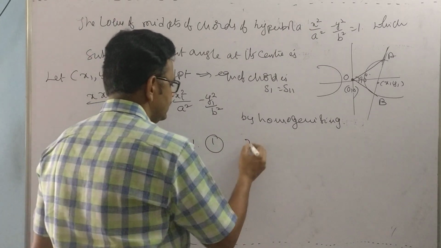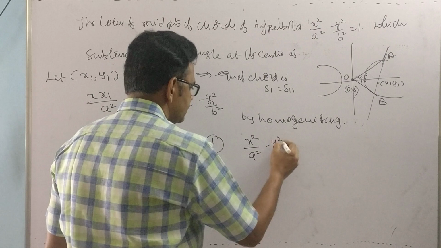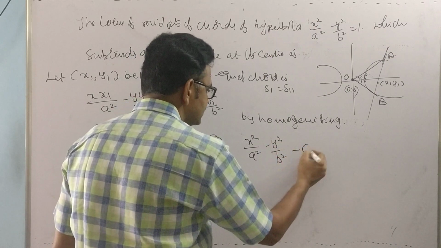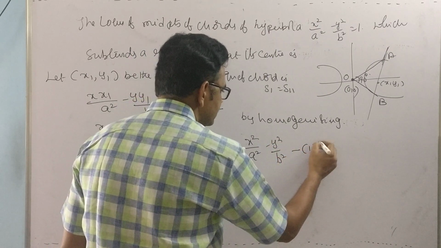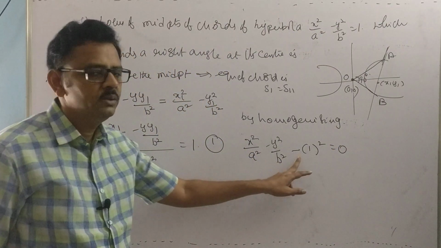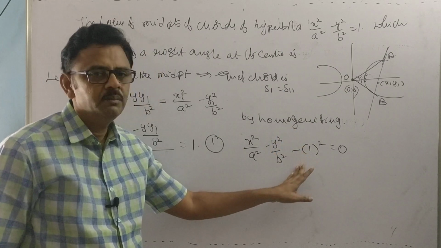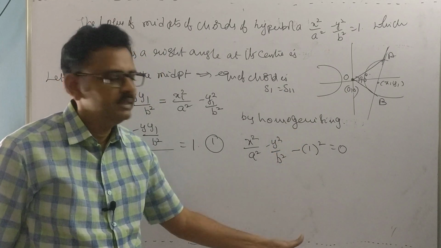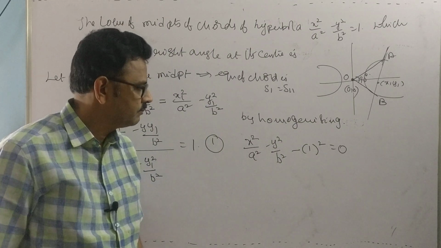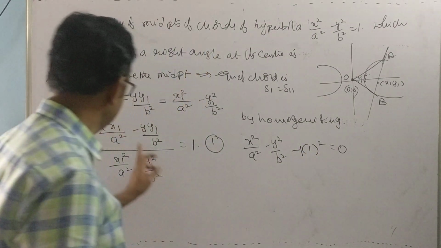Homogenization is what? x square by a square minus y square by b square minus 1 square is equal to 0. Actually 2gx into 1, there is no x term. 2fy into 1, there is no y term. Plus c into 1 square. C is what? 1. So 1 into, that is the meaning, 1 square. Where 1, you write this one.